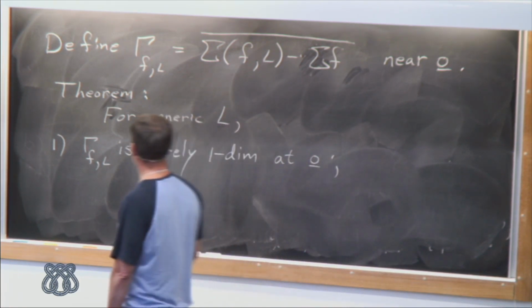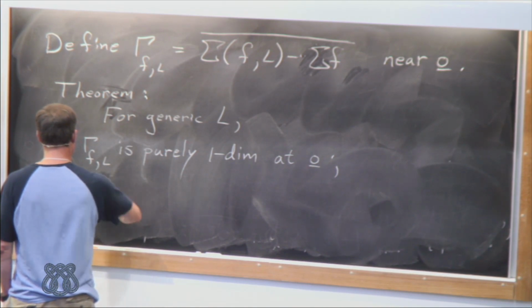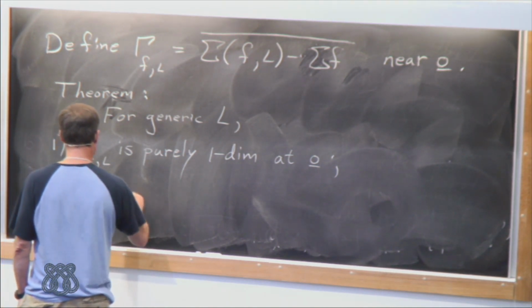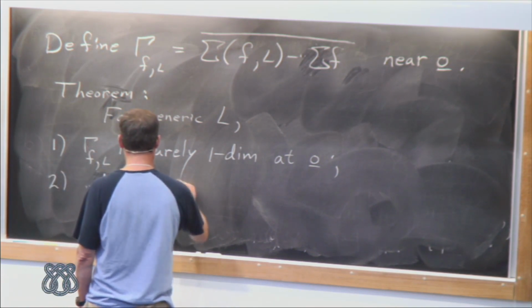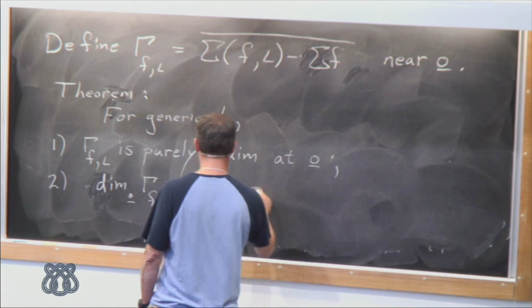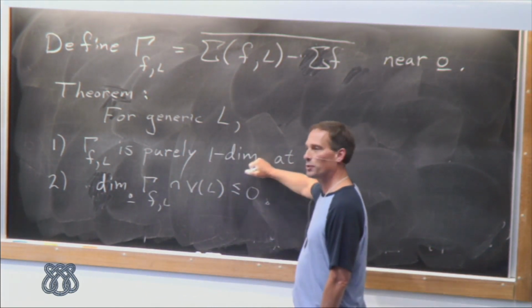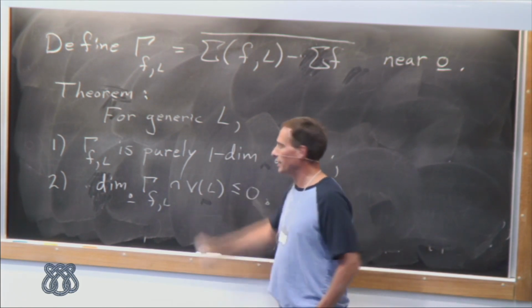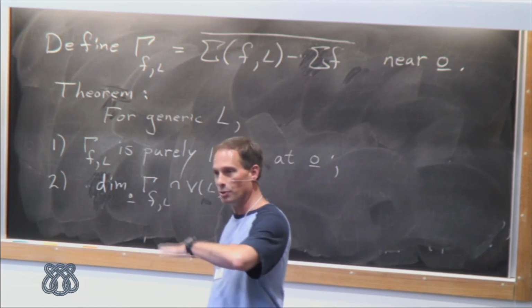2, the dimension at 0 of gamma FL intersected with V of L is less than or equal to 0. So it isn't just that this is purely one-dimensional, but that it intersects the hyperplane in a zero-dimensional set.